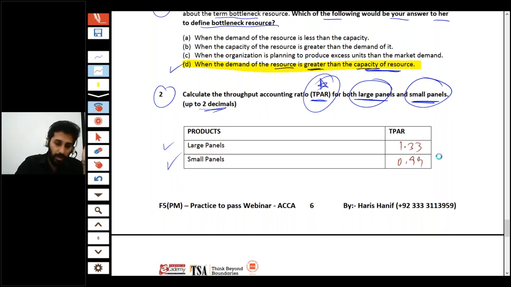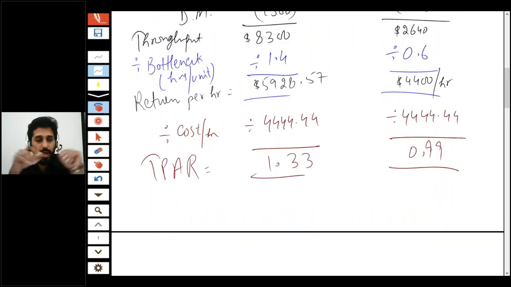That is simply the throughput accounting ratio. I just calculated the throughput accounting ratio, right?